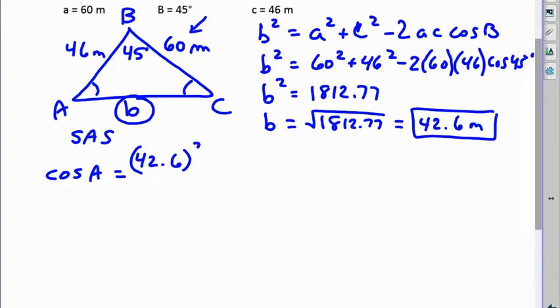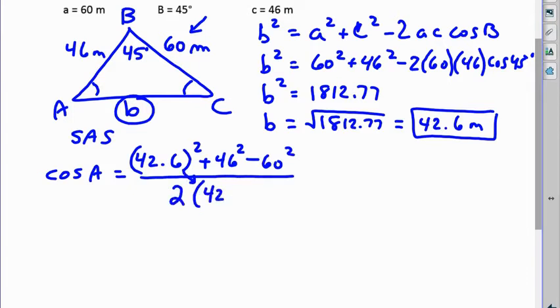I'm going to square that, plus 46 squared, and then minus 60 squared, all over 2 times that number, which was side B, and then side C comes down, 46. So notice how angle A and side A, there's that relationship.